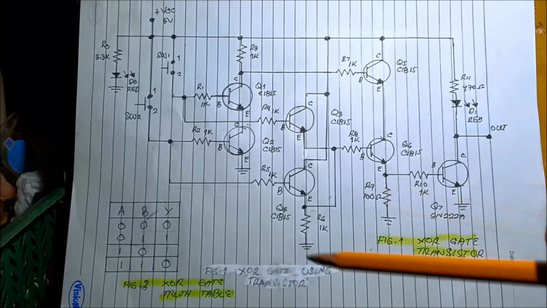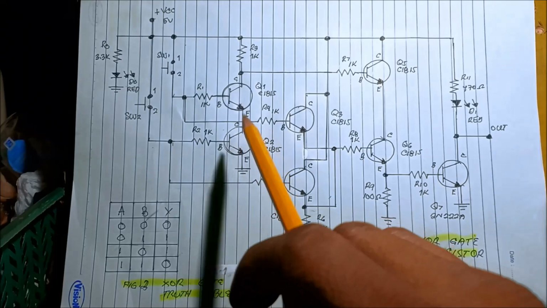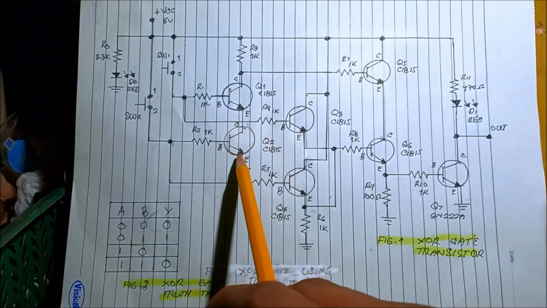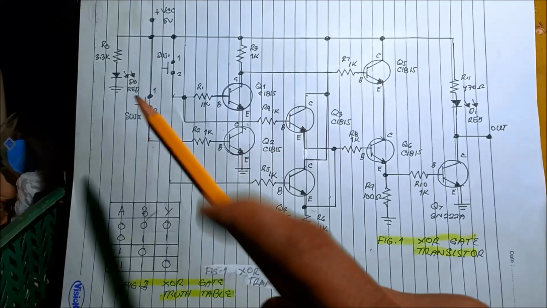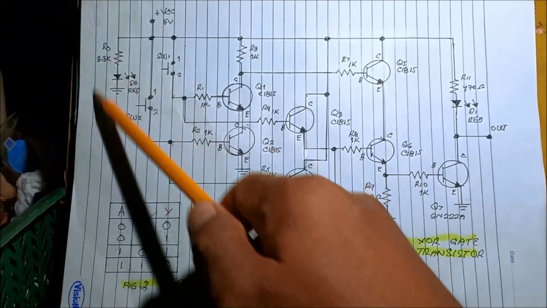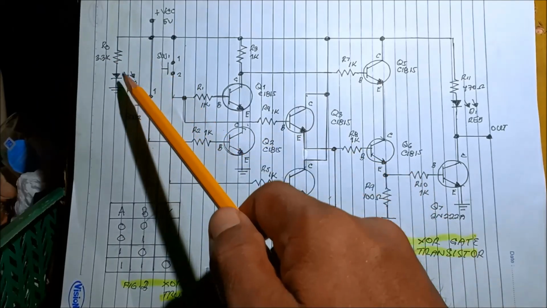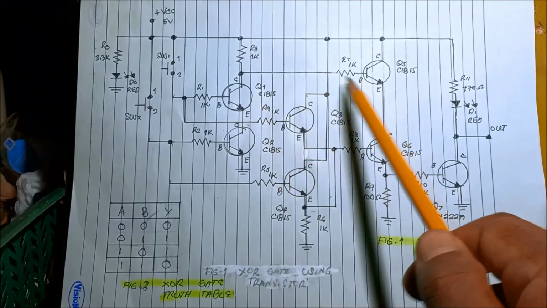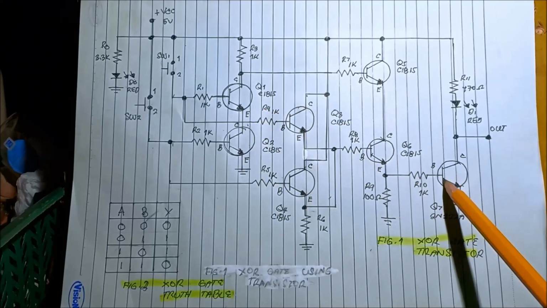This is the schematic diagram for our circuit. We use 2 buttons. This is a power LED to know that the circuit is on, and we are using 7 transistors.